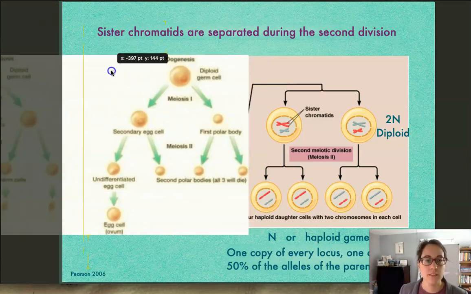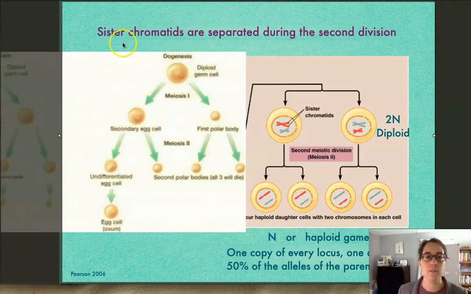And so I just grabbed a picture to show you guys here. Again, in the process of meiosis for egg cells, we have the 2 divisions, but these 3 cells end up being much smaller.